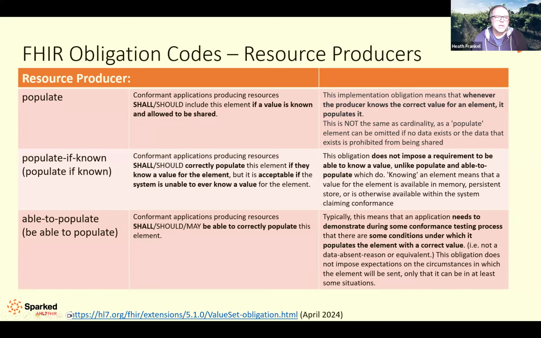So if I just point out the able to populate, I retrospectively should have done that one first. It was defined as be able to correctly populate this element, and if we look at the notes on the right hand side, it says needs to demonstrate during some conformance testing process that there are some conditions under which it populates the element with a correct value.